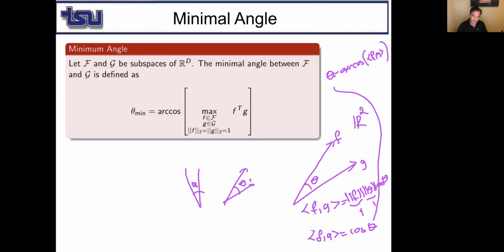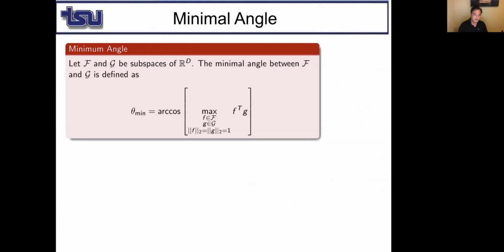So now let's go back and see what this means. Assume F and G are subspaces of RD. The minimal angle between 2 subspaces is defined as follows.